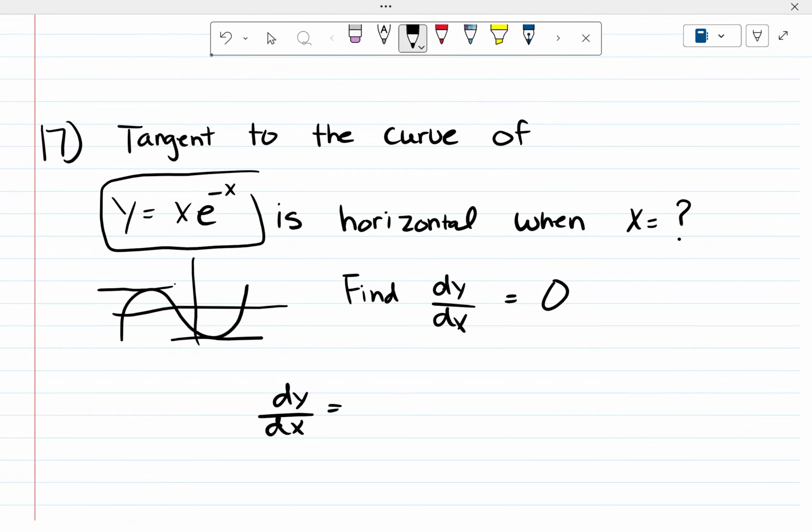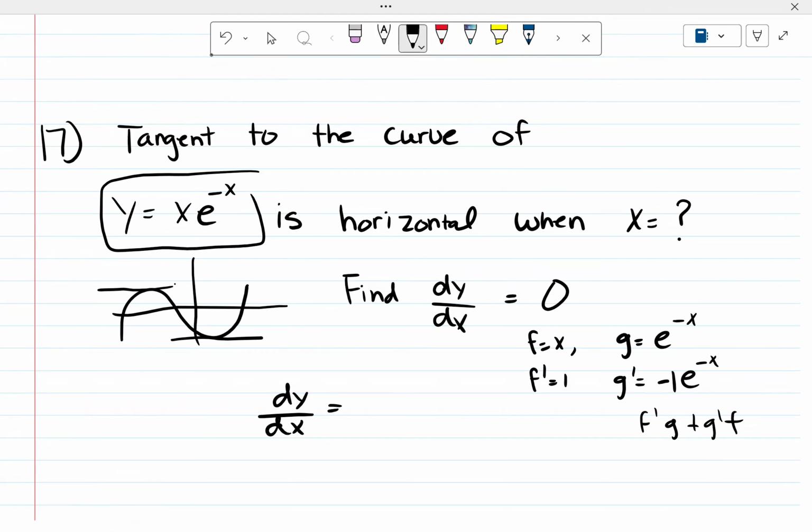So your f is x, your g is e to the negative x, your f prime is 1, your g prime is e to the negative x times the derivative of negative x, which is -1.